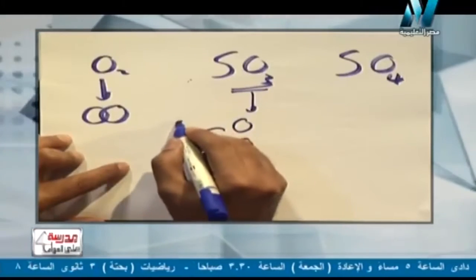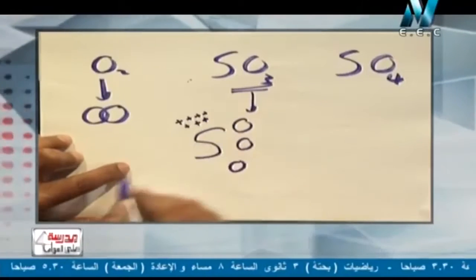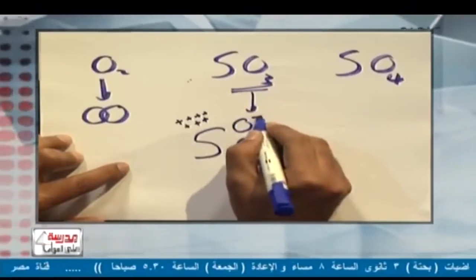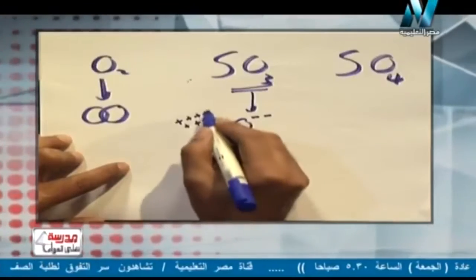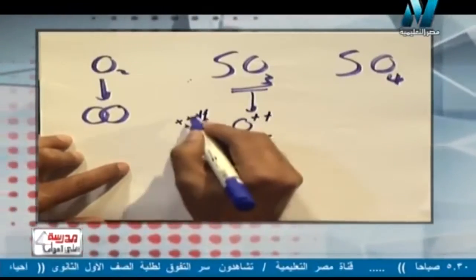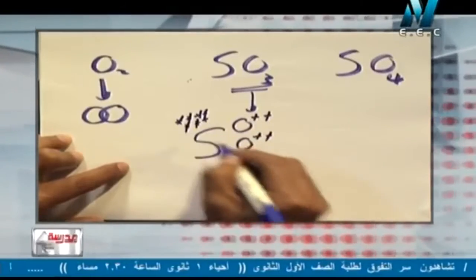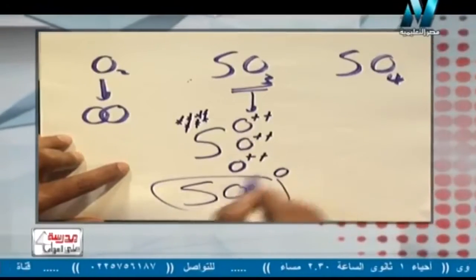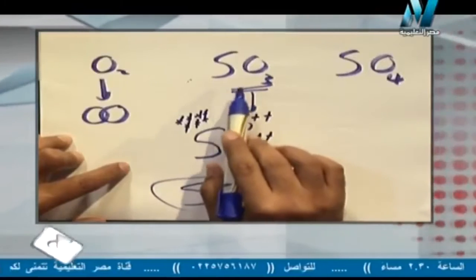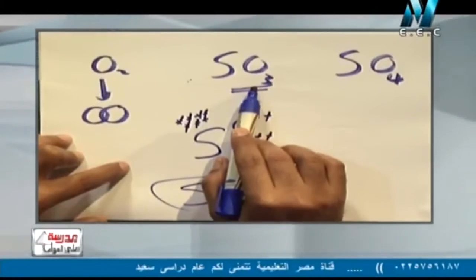Sulfur can be positive 6. Each oxygen atom is negative 2, so they are equal. The whole valency of SO3 equals 0. So SO3 is a compound. The whole valency of a compound equals 0.